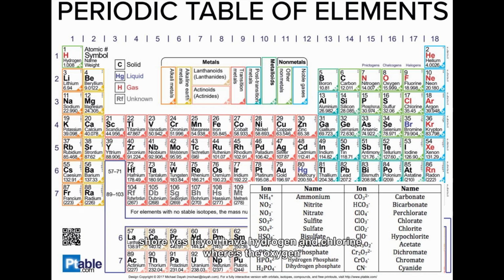Where's the oxygen? What two elements do you have? Hydrogen and chlorine. So is oxygen one of those? No. So if I take that and dissolve it in water, is it binary or oxy?